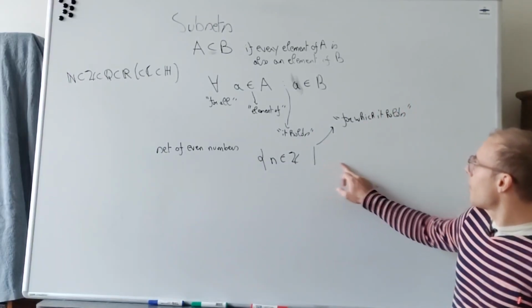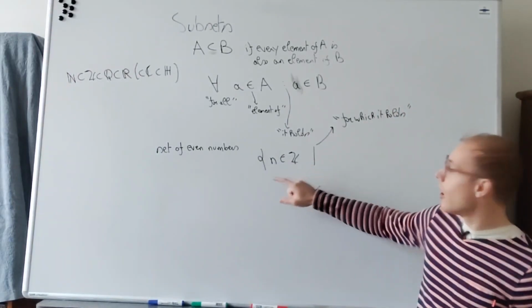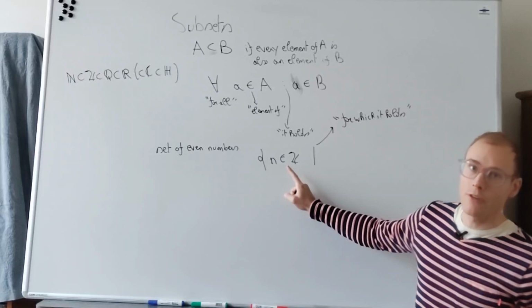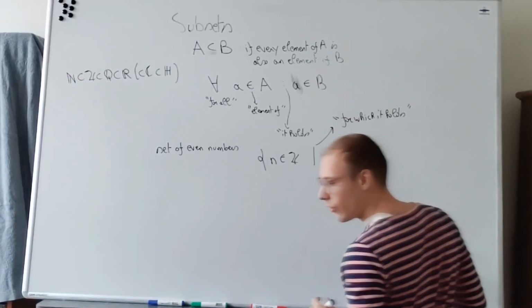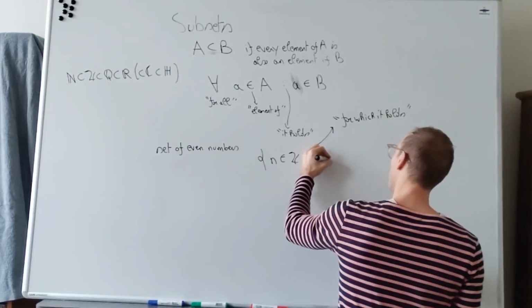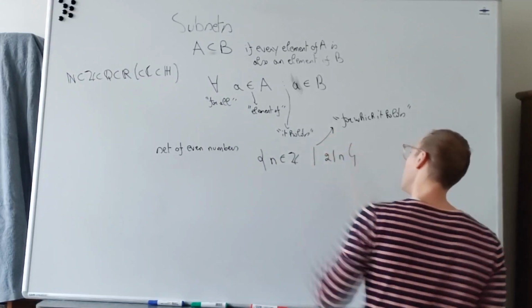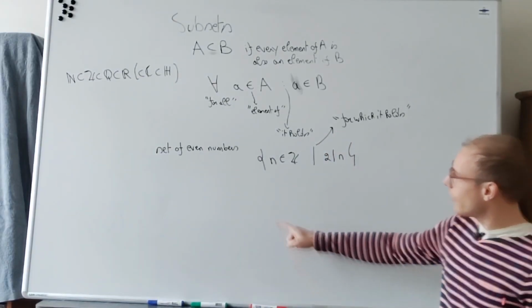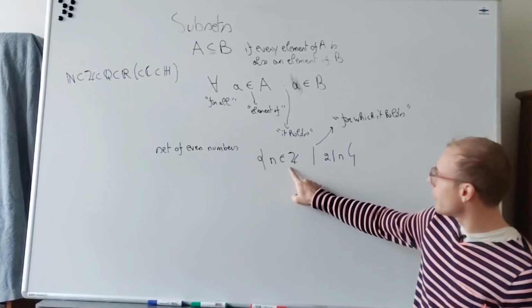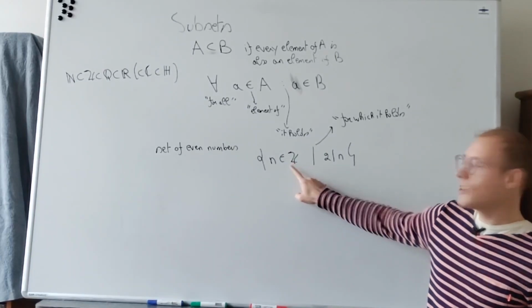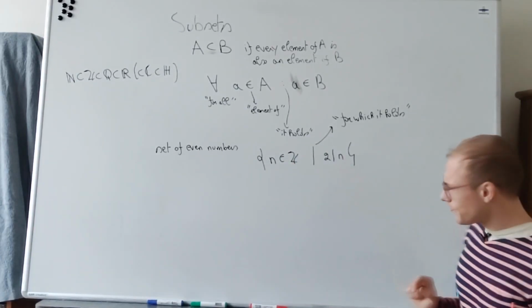So everything that comes behind this gives a condition on what is written on the left of this line, for which it holds that the number 2 divides n. So these are indeed even numbers. It is an integer which is divisible by the number 2.